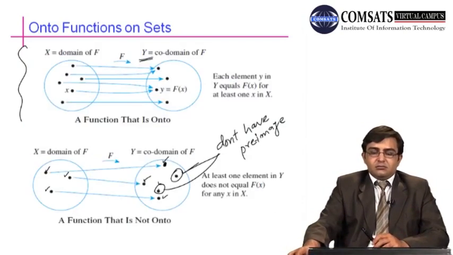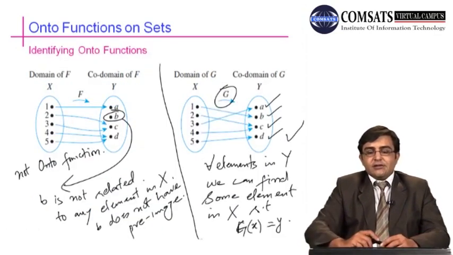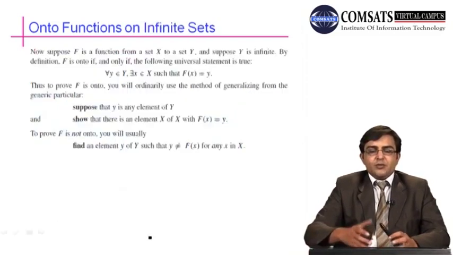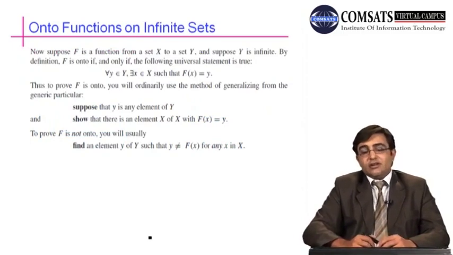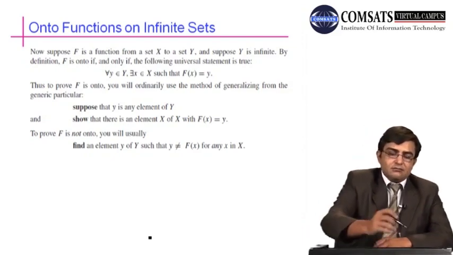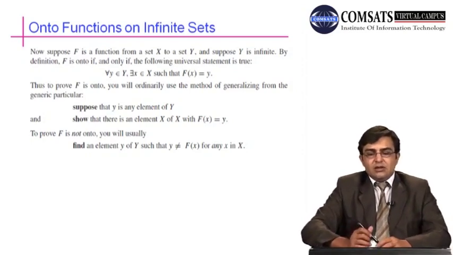Now we have discussed onto functions on finite sets. Now we shall discuss onto functions for infinite sets. How do we prove whether a function on an infinite set is onto or not? Suppose f is a function from X to Y, and suppose Y is infinite.